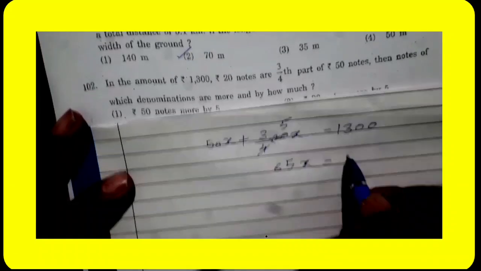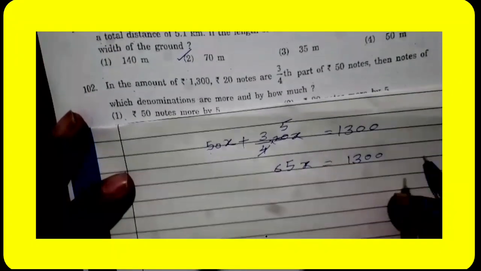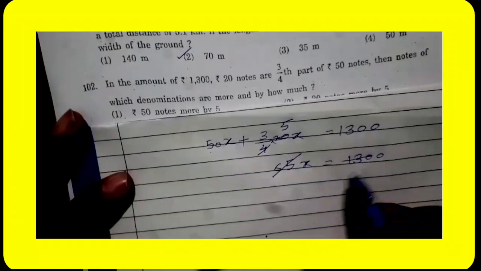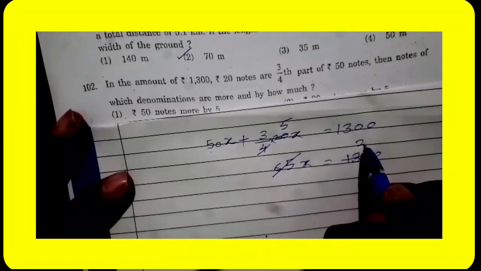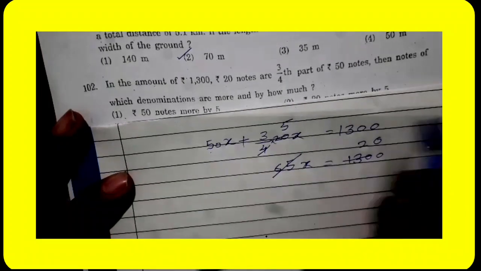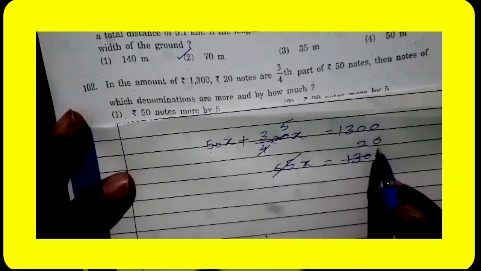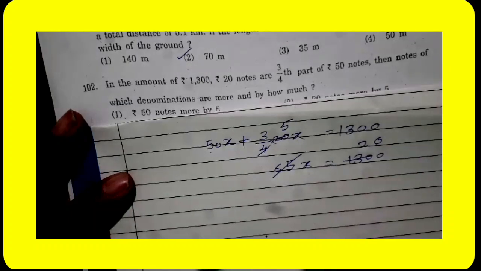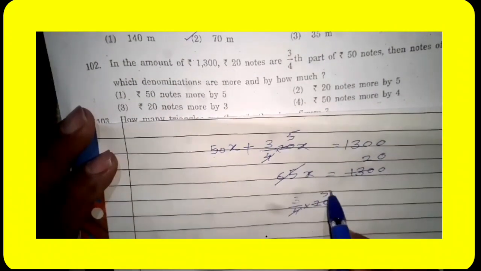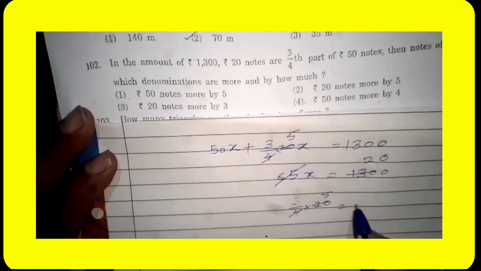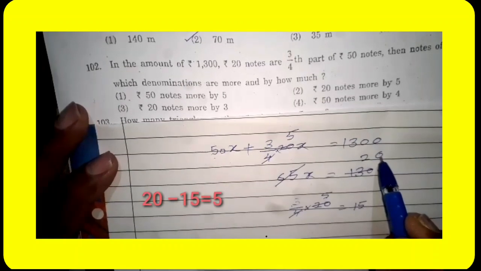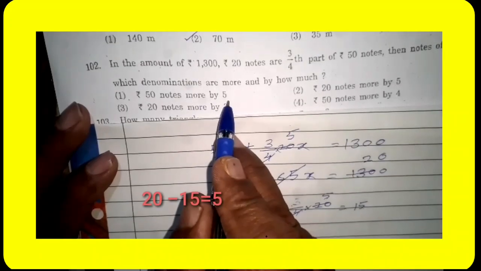X is equal to 1,300 divided by 65. 65 2 times is 130 and 20. And 3 by 4, 20 is the 20 rupees note. Divide 4. 5 times 4 is 20. 5 times 3 is 15. So 5 is greater. 15 rupee notes are more than 5.